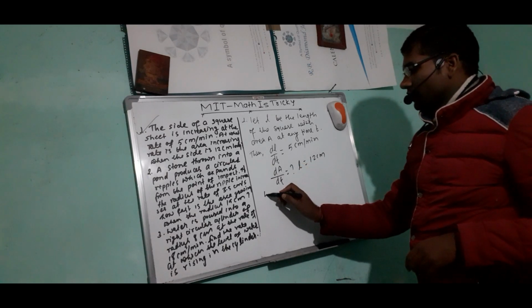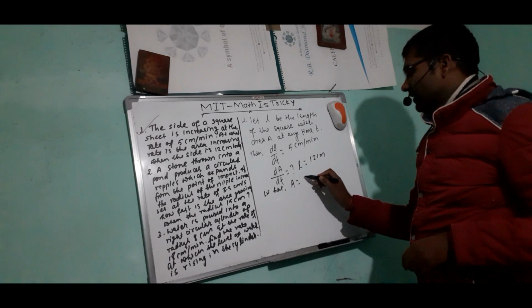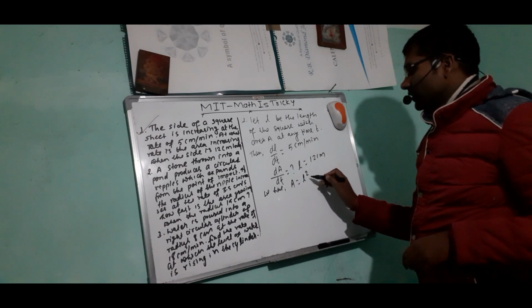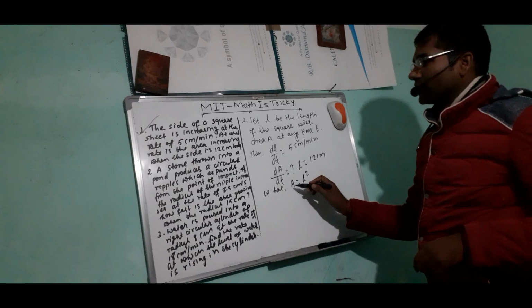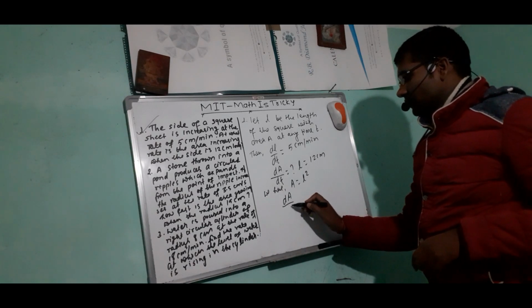So we use the formula for area: A equals L square. The formula for area of a square is L square, so let's differentiate with respect to time.